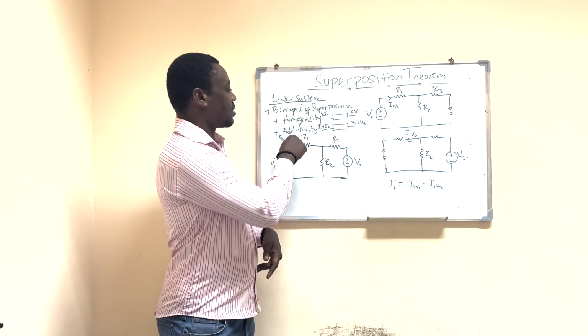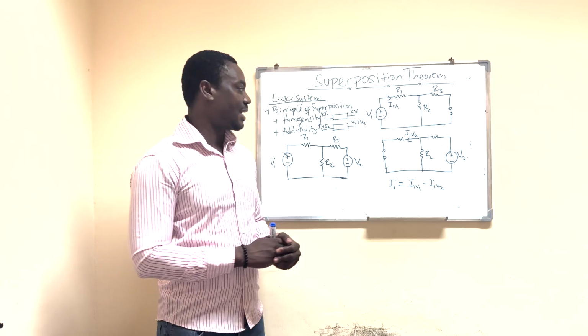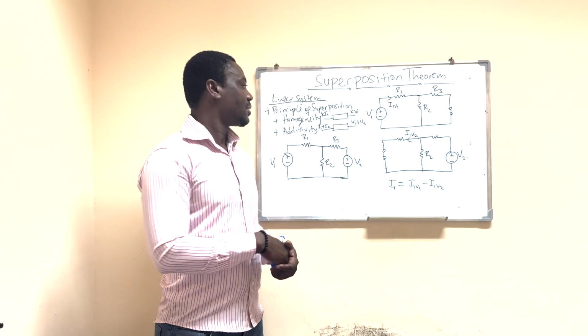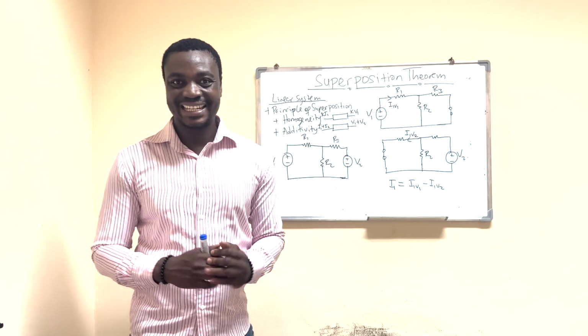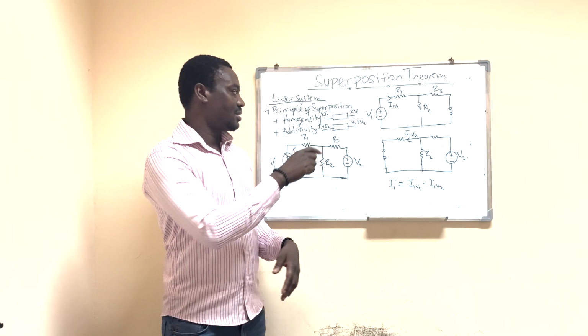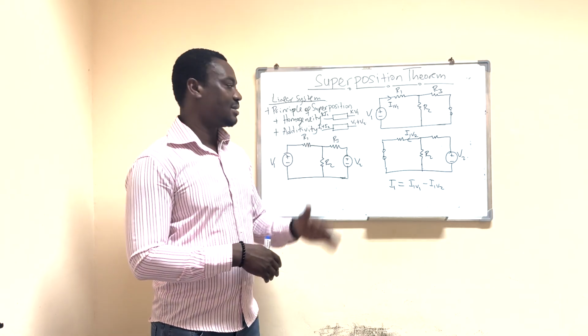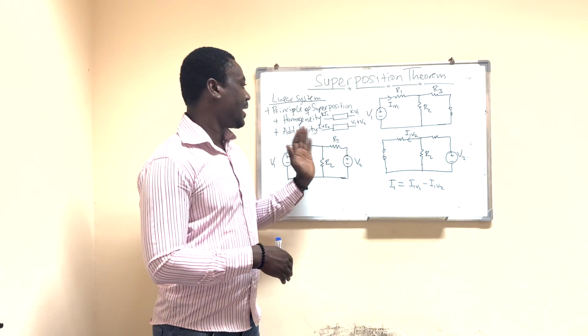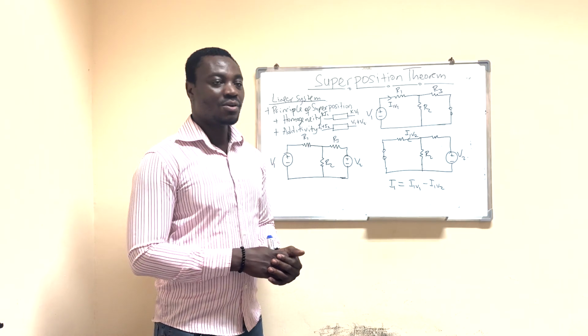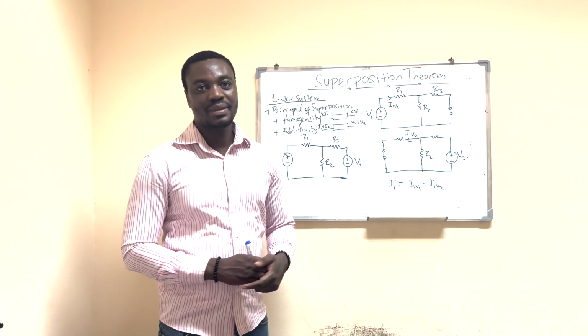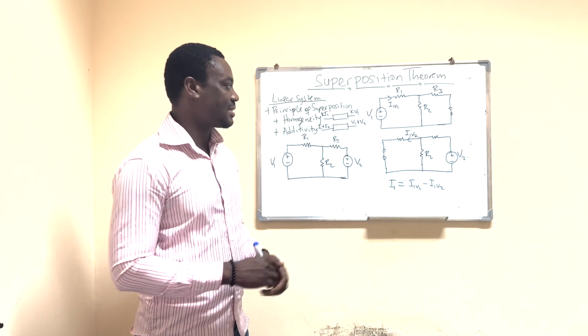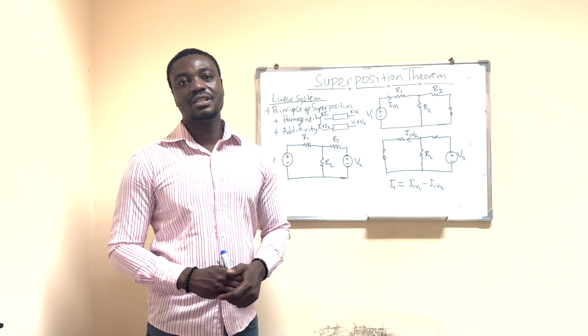And the principle of superposition has two main properties. One is homogeneity property, and the other one is additivity property. Both are required before we can say that a system is a linear system. So a system has to satisfy both of these properties.